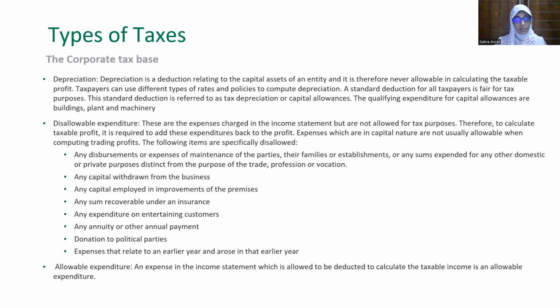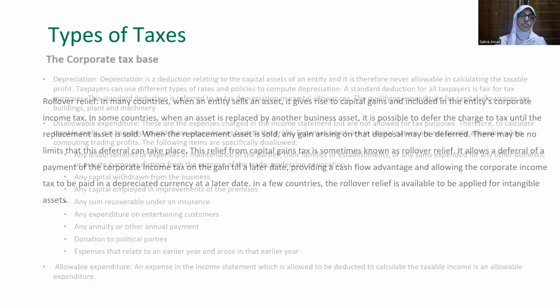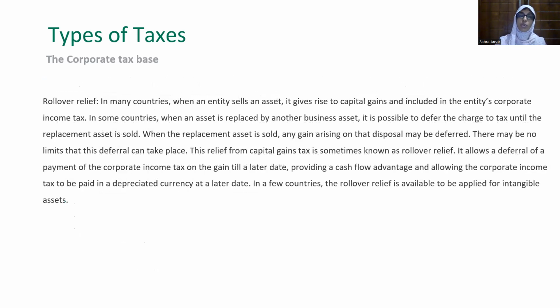We spoke about depreciation, then about disallowable expenditure. Even though we use these in the income statement, can we use them to reduce the profit amount? No, we cannot. When it comes to allowable expenditure, these are the ones which we can use in order to reduce the expense as well. After that, now we are going to talk about rollover relief.